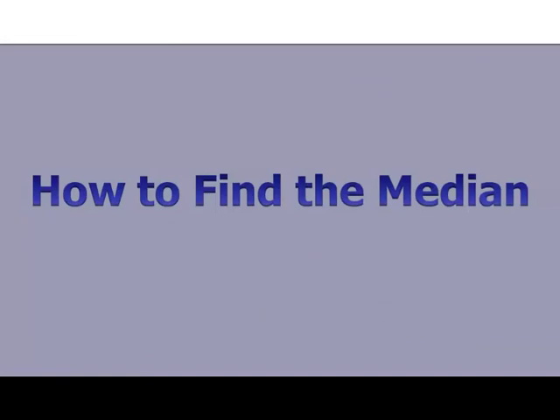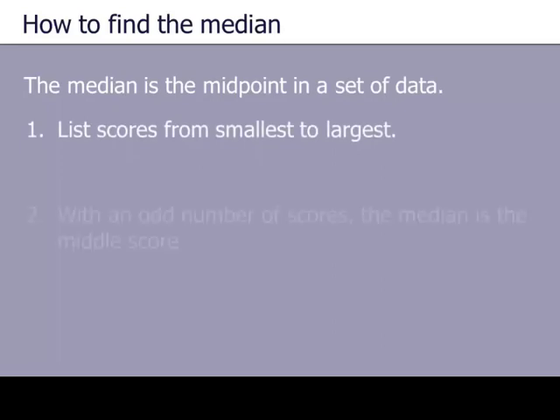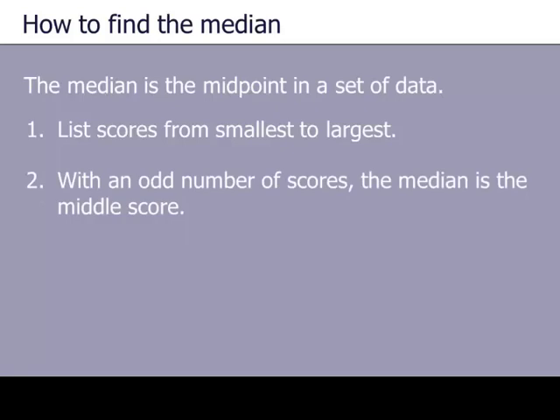The other measure of central tendency that we want to look at is the median. So let's talk about how to find the median. The median is the midpoint in a set of data. To find the median, list all the scores in order from smallest to largest. If there's an odd number of scores, the median is the middle score.